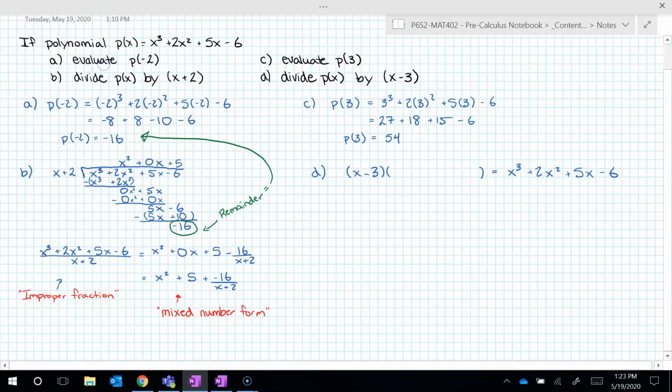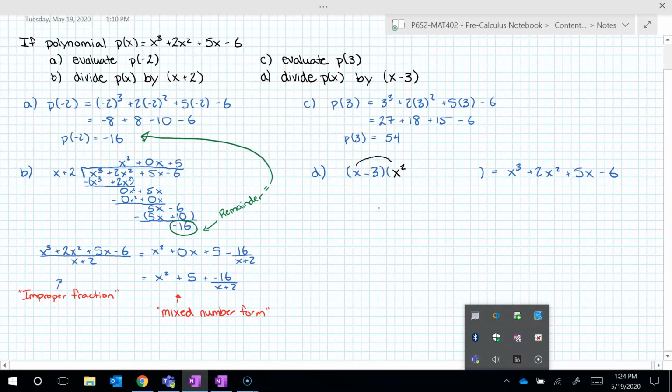If I have x minus 3 times something that makes this term here, the leading term has to be an x squared term. x squared times x is going to make an x cubed, and then the negative 3 times x squared is going to make negative 3x squared.